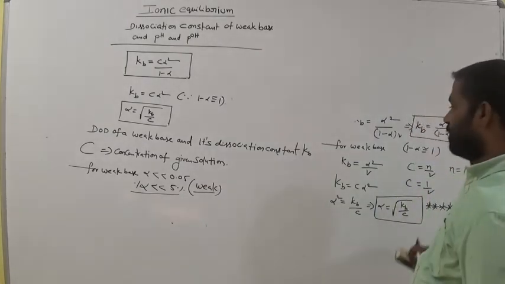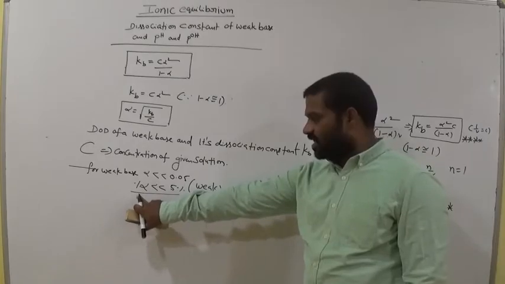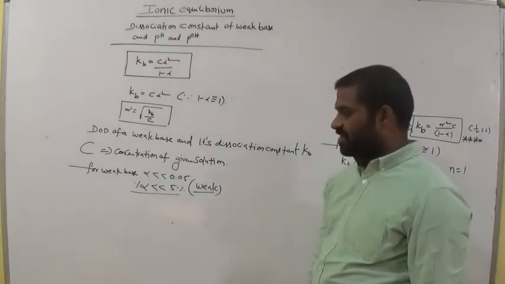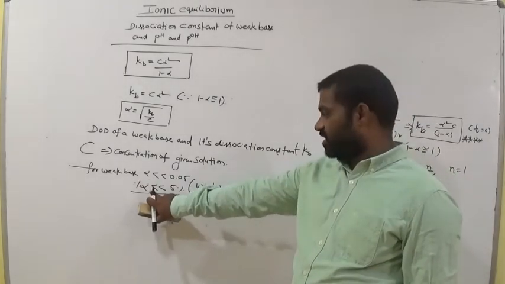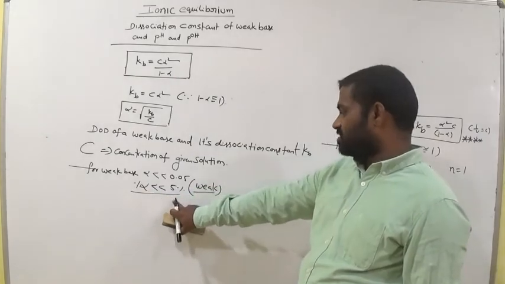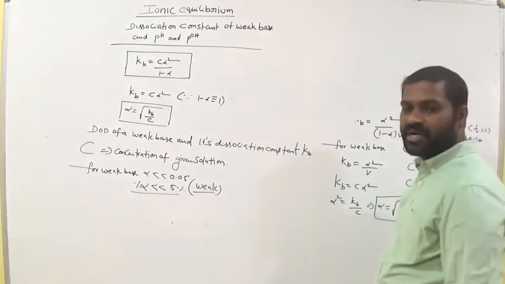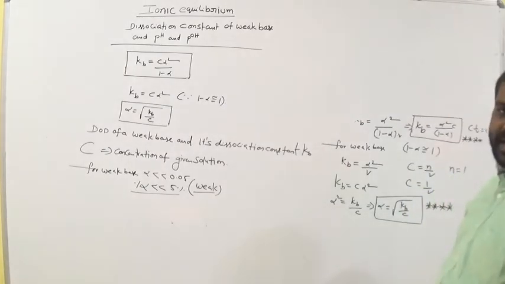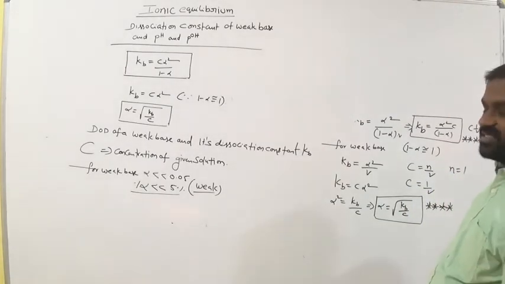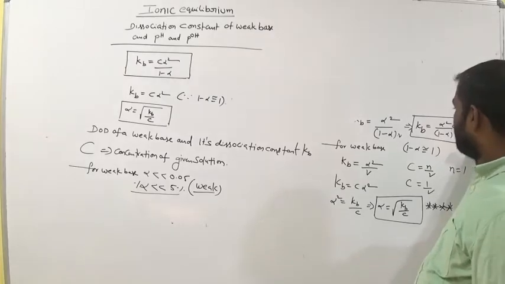Percentage of alpha means degree of dissociation multiplied by 100. Is it clear, all of you?